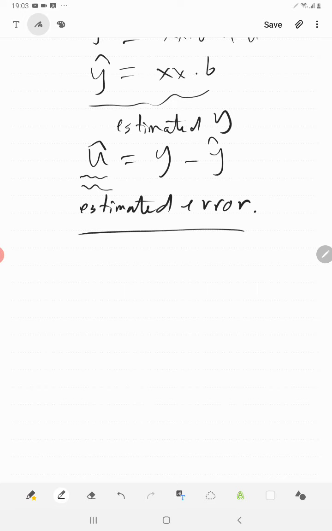Now let's look at what we have estimated, U hat. This is U hat. If we plot U hat, you see it should have a zero mean value.